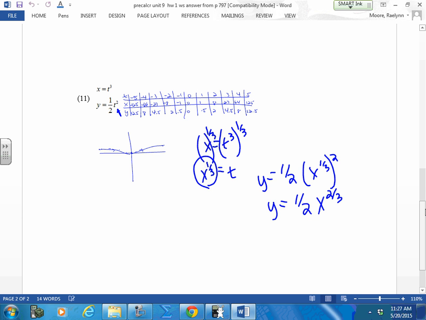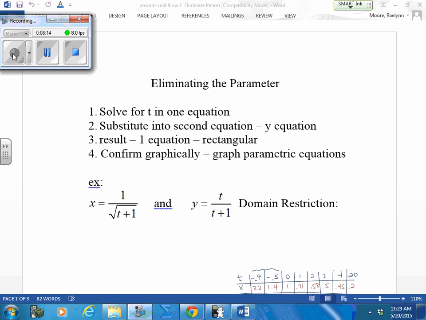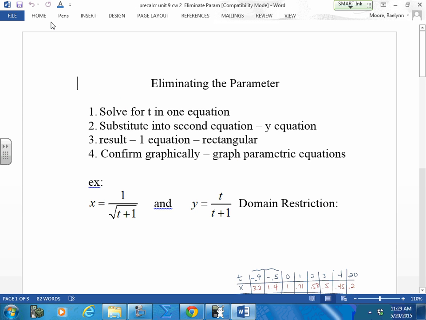Okay? So we can work with your parameters, or we can do them algebraically. Again, you're going to solve for t in your x equation, and you're going to sub it into your y equation.